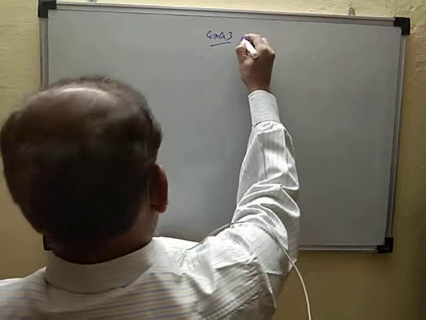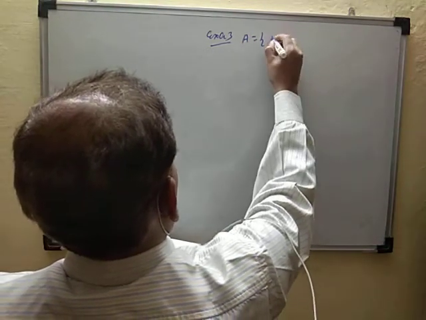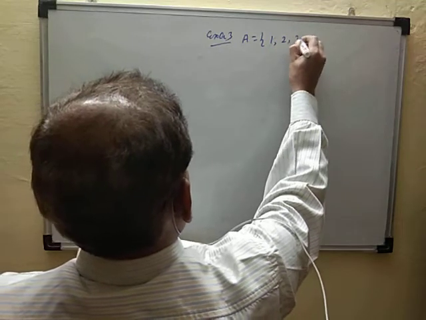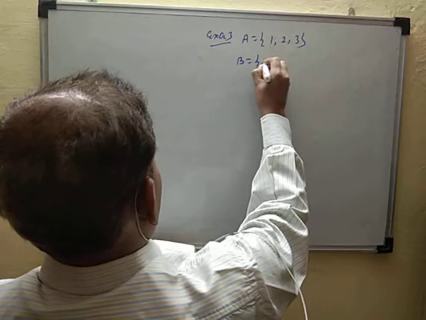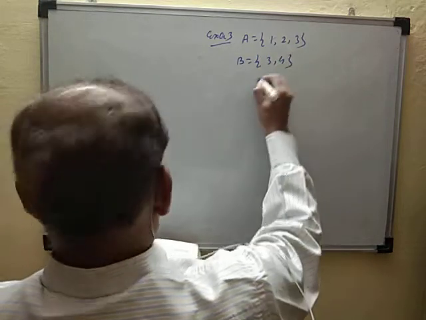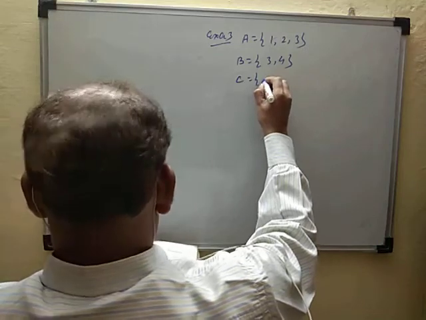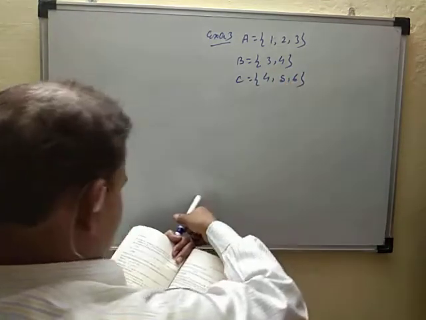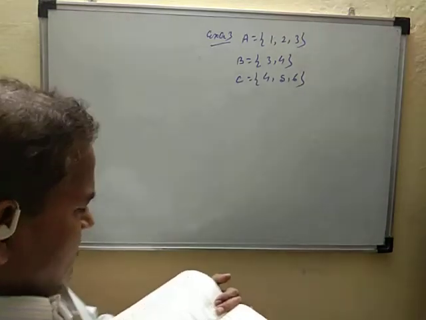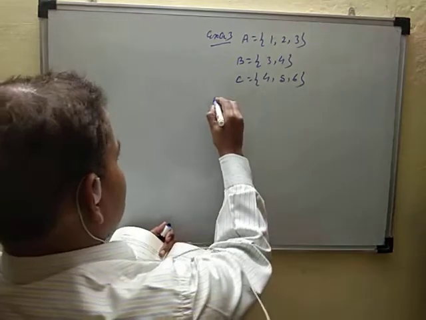Example 3 is A given 1, 2, 3 and B given 3, 4 and C given 4, 5, 6. Find A cross B intersection C.